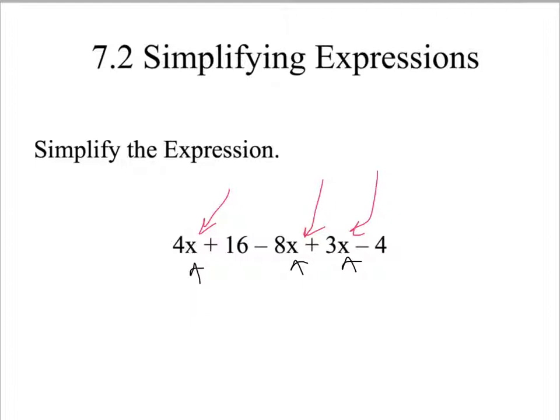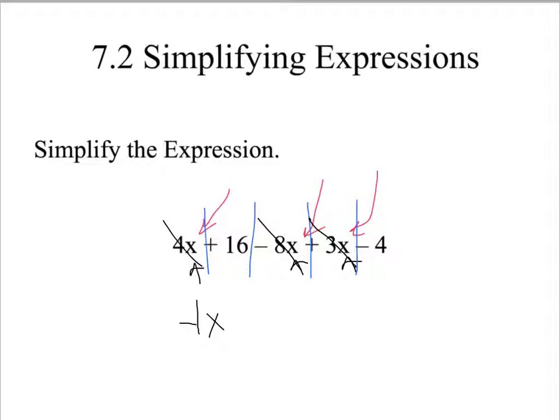So again, make those dividers in there. Notice I put all my dividers, and I'm going to take 4x plus a negative 8x plus 3x. When I do that, I would get a negative x. Again, I took 4x plus a negative x plus a positive 3x, so I get negative 1x.